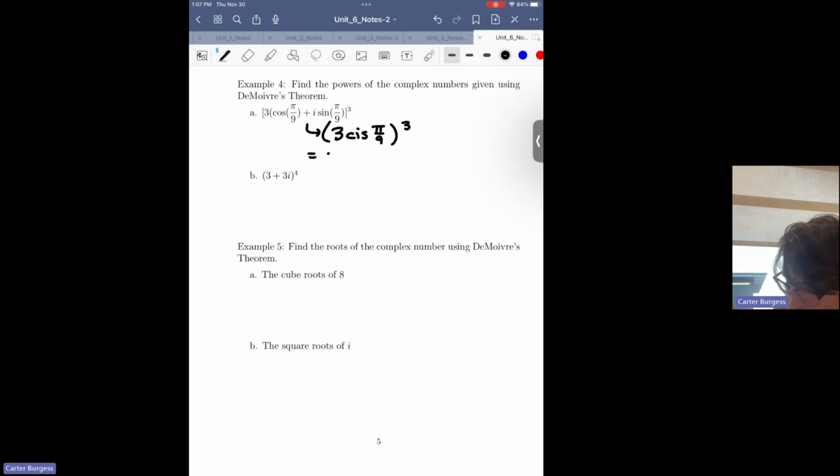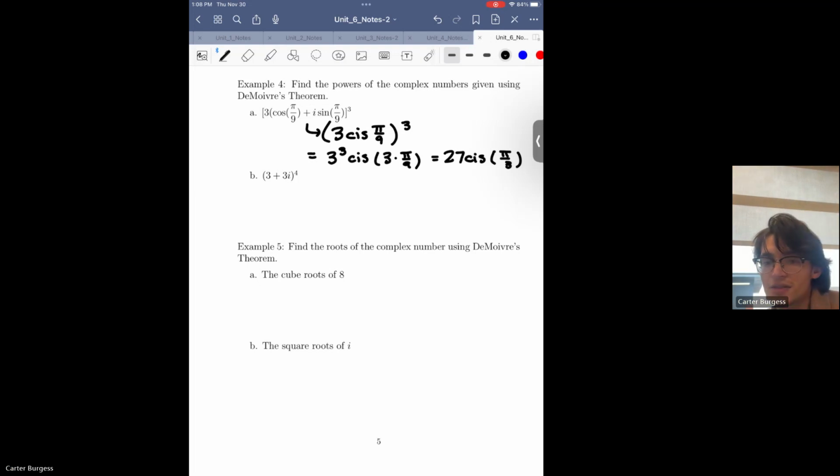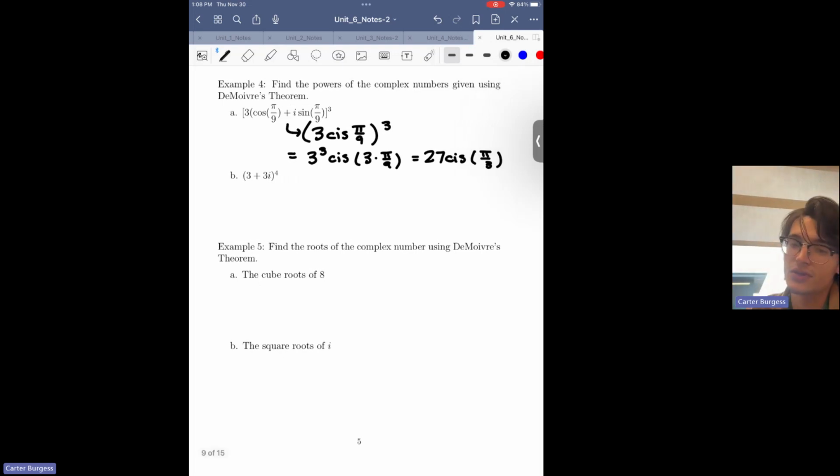This is just going to be 3 cubed CIS of 3 times pi over 9, or 27 CIS of pi over 3. 3 times pi over 9 is pi over 3.